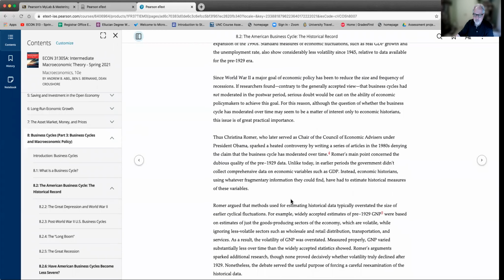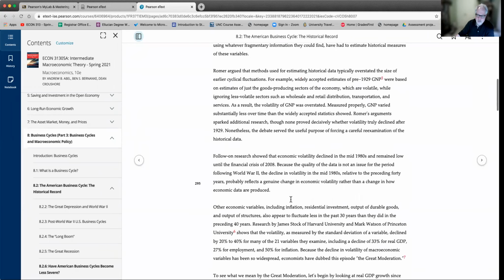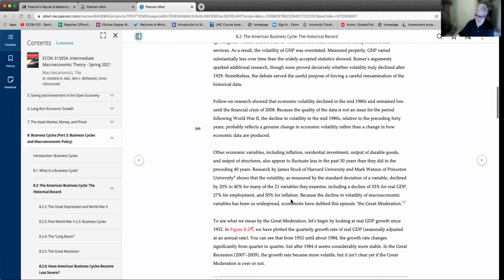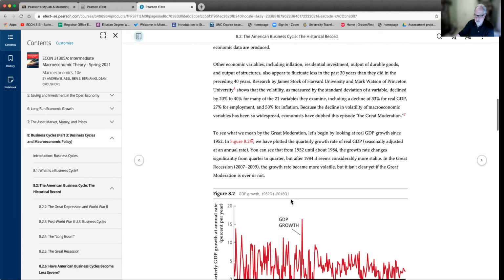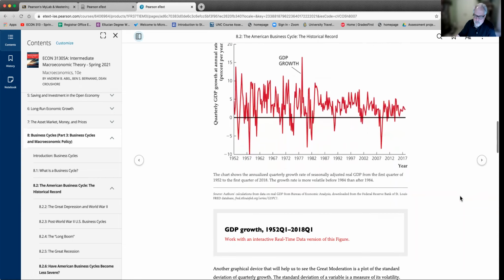Christina Romer and others have done work on that. That part of the argument has been, yes, they have gotten less variable. You can see this variation in GDP growth back to the 1950s, and you can see that variation in GDP growth has gotten less variable. The variance has gotten smaller in recent years.